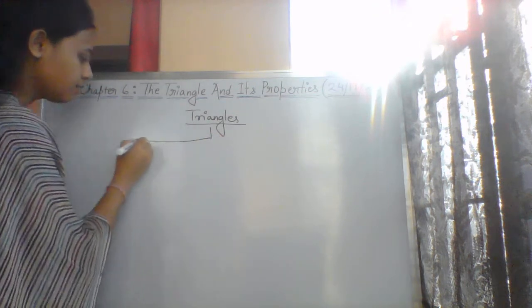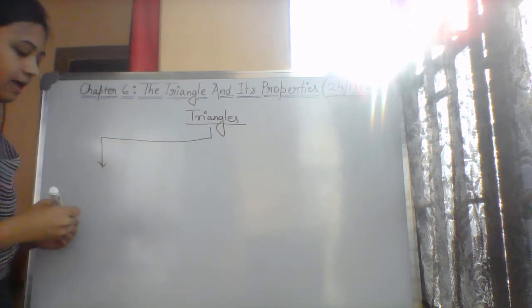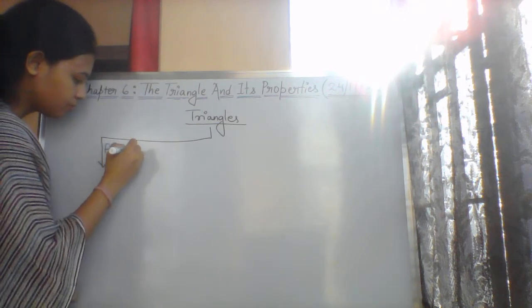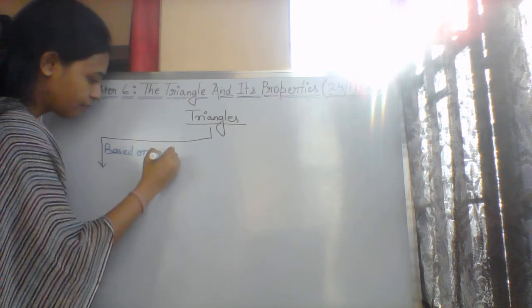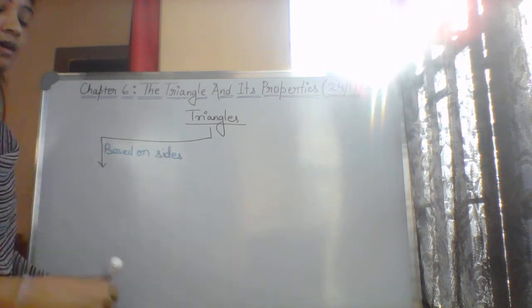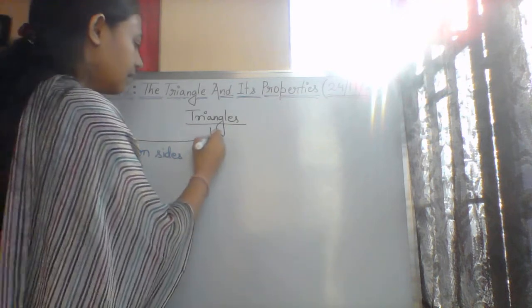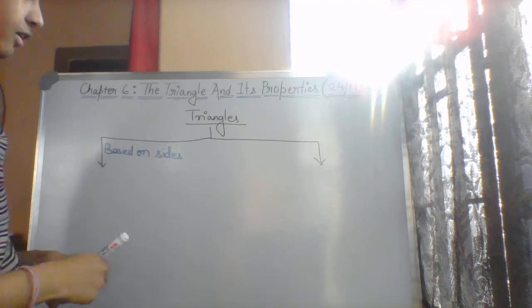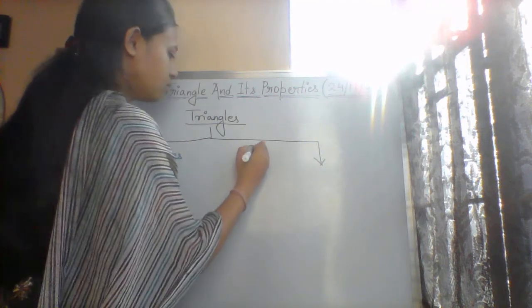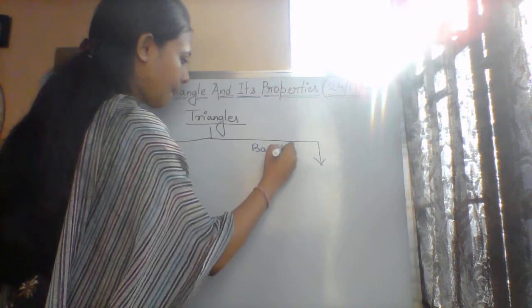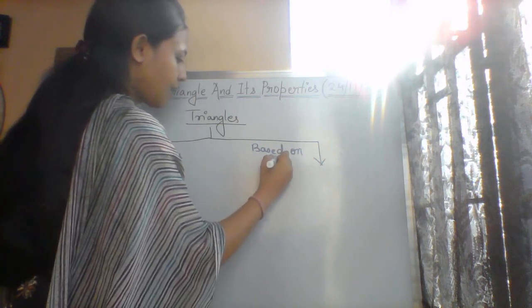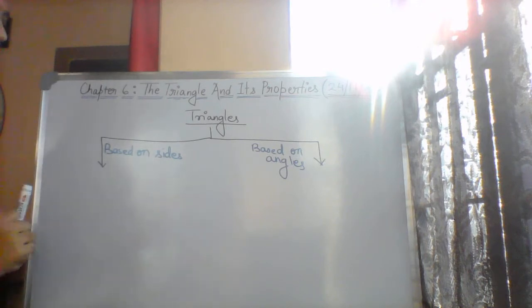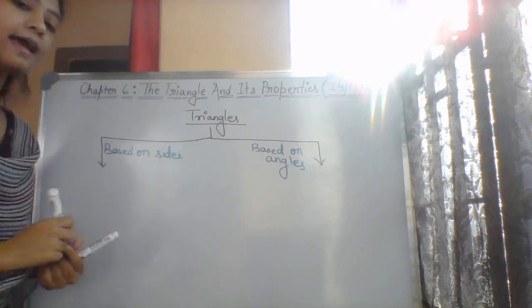So triangles can be classified based on sides, and again, triangles can be classified on the basis of angles. So two criteria for classification, one side, another angle.